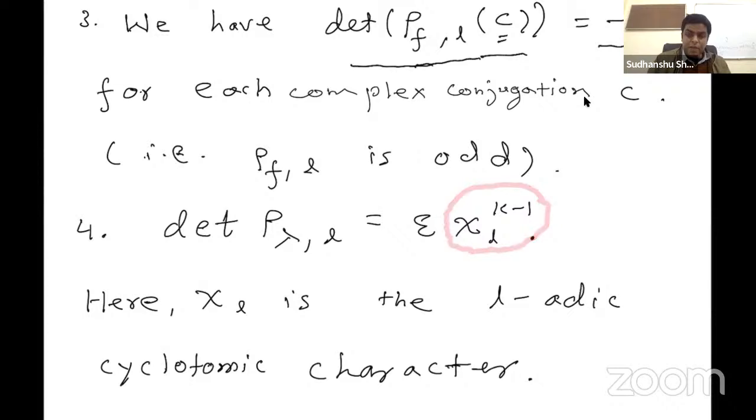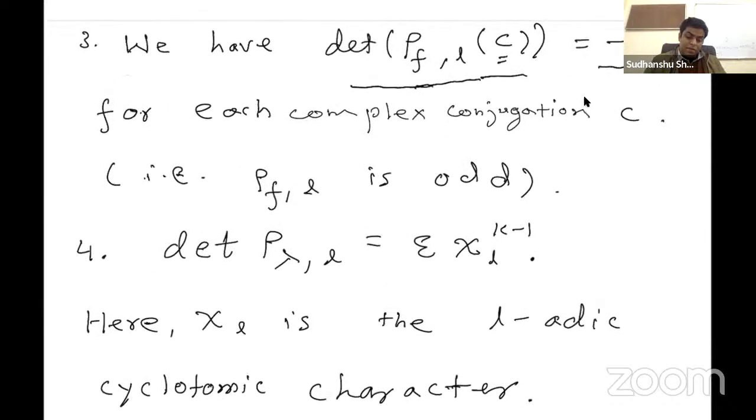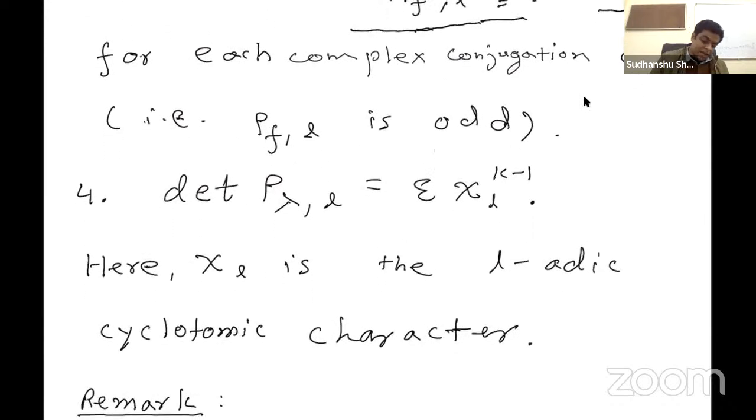If I have a weight k modular form, then it's k-1. This is where one gets the weight of the modular form. Sometimes I used chi cyclotomic, sometimes chi_L. So this is the L-adic cyclotomic character of G_Q. Sorry for this confusing notation.